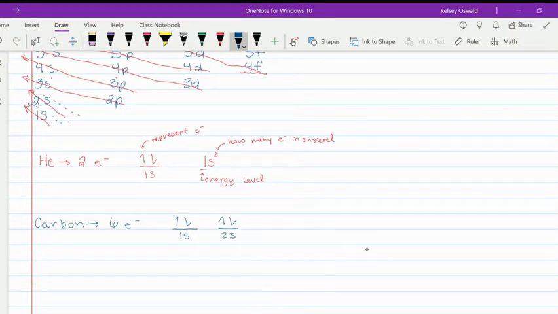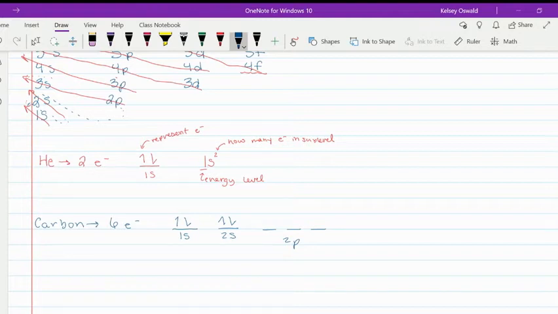I'll come around. I'll see after my 2s, I'm going to fill my 2p. So after 2s, the 2p is the next lowest energy sublevel. If you guys remember, there's 3 ways to look at a p-net. So I'm going to have 3 different orbitals in my 2p sublevel. Okay, so I have 6 total electrons that I need to place for carbon. I've already placed 4, 2 in my 1s and 2 in my 2s.